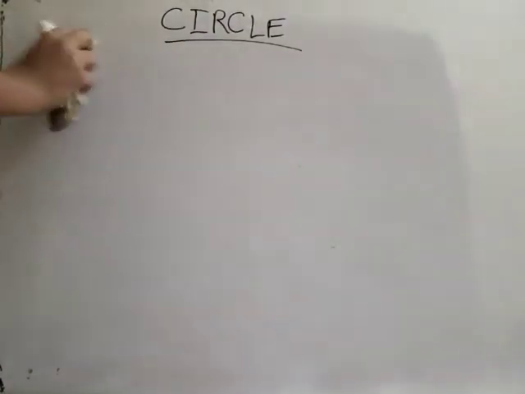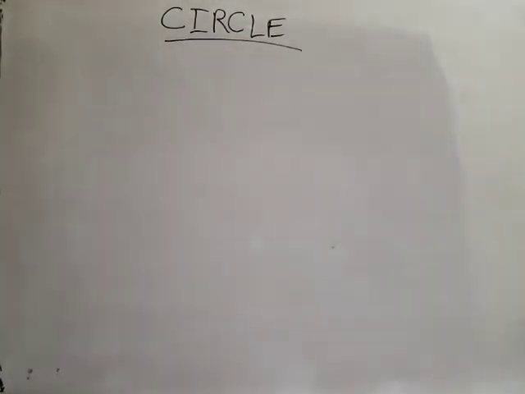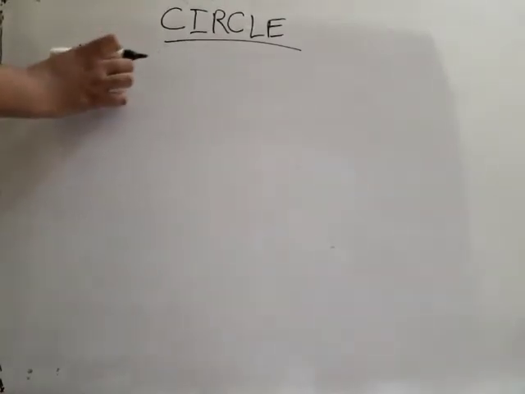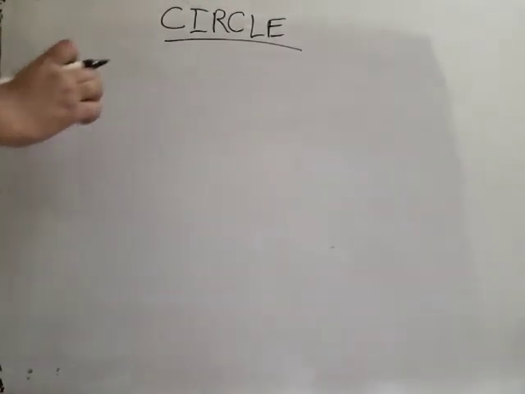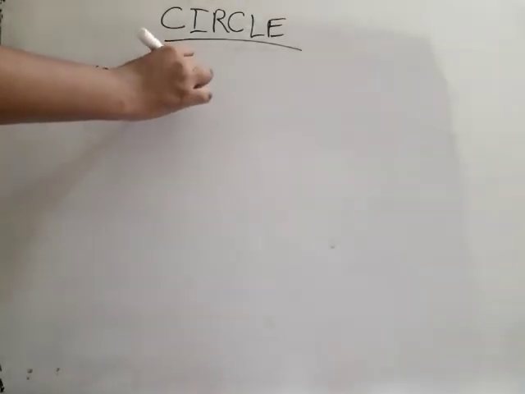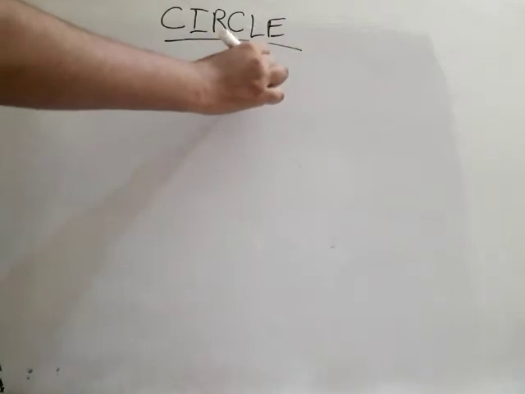Suppose we have been told to find the equation of circle passing through 3 points. So let the points be 0 comma 0, a comma 0 and 0 comma b.